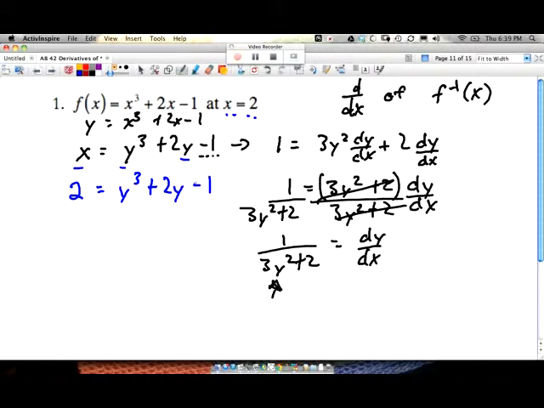So let's do a couple things here. The first thing that I see is I'm going to add 1 to both sides. Then I'd get 3 equals y cubed plus 2y. Then I could factor out a y, and I'd have y times y squared plus 2 equals 3. Well, if there's a simple answer to this, and I'm pretty sure there is, because this one could be done by hand, that means it should be 1 times 3.